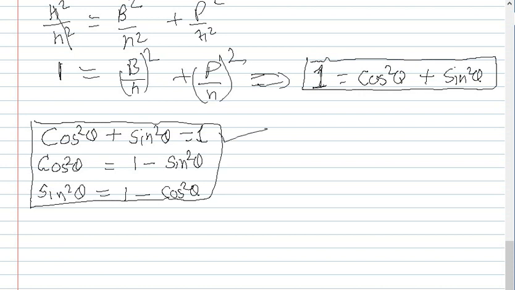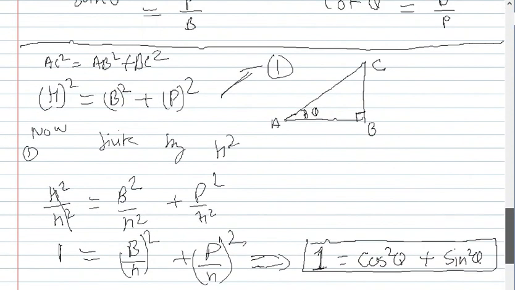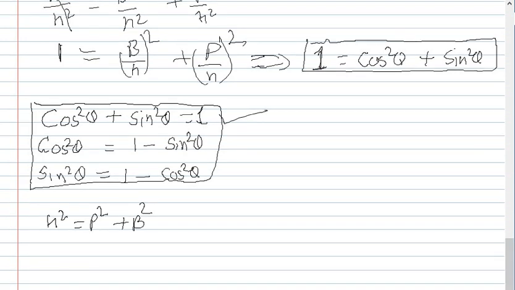Now if you still remember, what was our equation? h square is equal to p square plus b square. Last time we divided by h square.